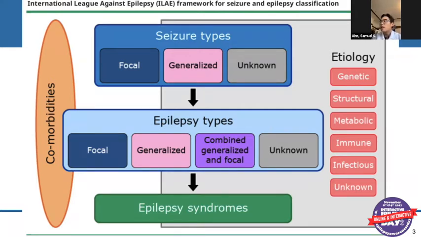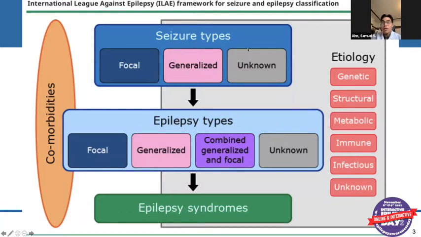So this is one diagram that was created in 2017. And I admit it's a little bit complicated diagram. It's not my favorite to show, but I think it helps to provide a lot of information about understanding epilepsy on one slide. So like I was mentioning, these classification schemes are meant to compartmentalize and simplify our framework for providing the most appropriate care.